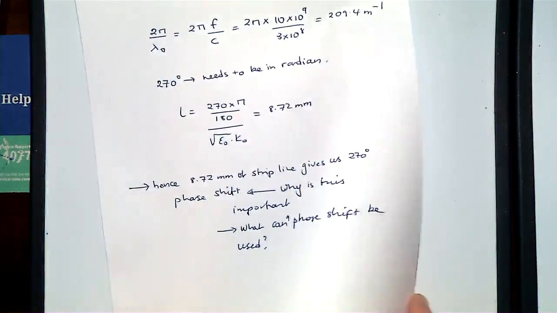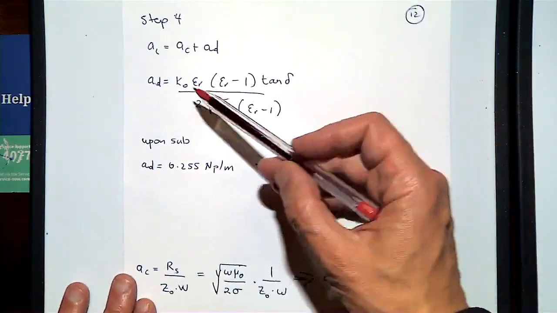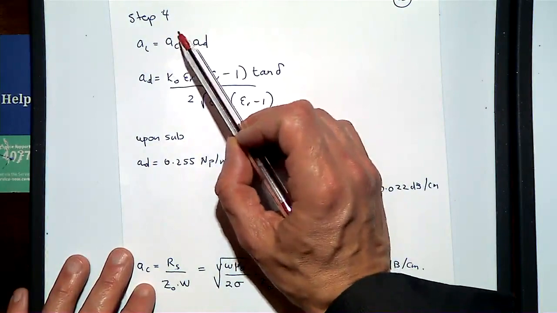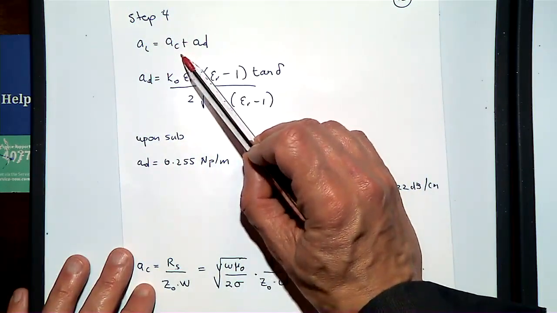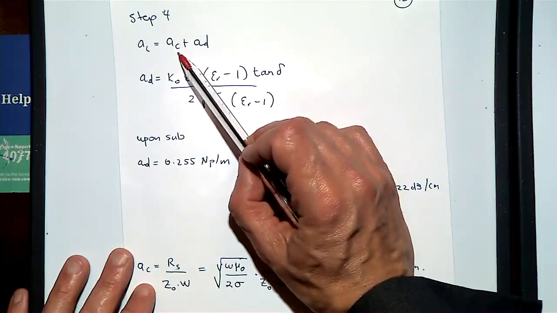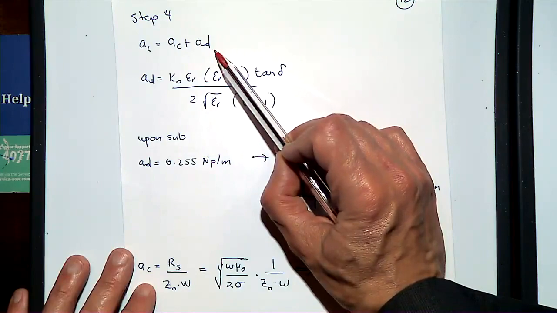Now, as I said, the last thing that we probably want to do is to ascertain the loss on that particular substrate. So what you would do is calculate the total loss, which is alpha C plus alpha D: the loss in the propagation constant associated with the conductor, and that associated with the dielectric.